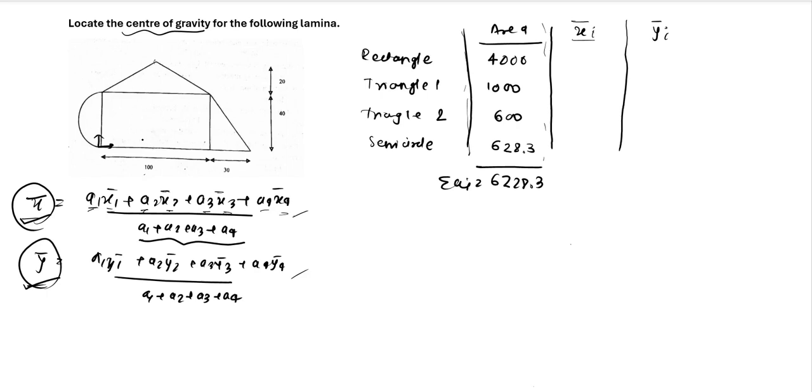The center of gravity for the rectangle in the x direction will obviously come at the midpoint of this rectangle, which will be 50 from the origin. So in the x direction, it will be 50. Because the center of gravity for the rectangle comes at L by 2, B by 2, which is the center of the rectangle. In the y direction, it will be 20, because 50, 20 will be the center. So L by 2, B by 2 for the rectangle.